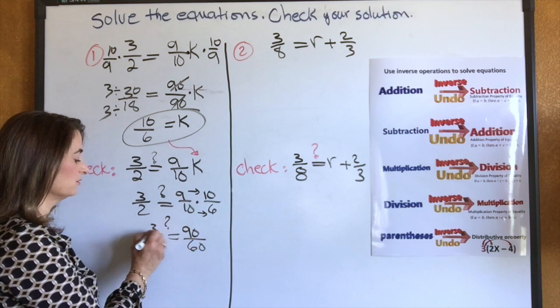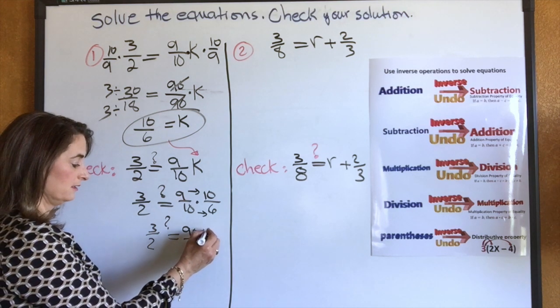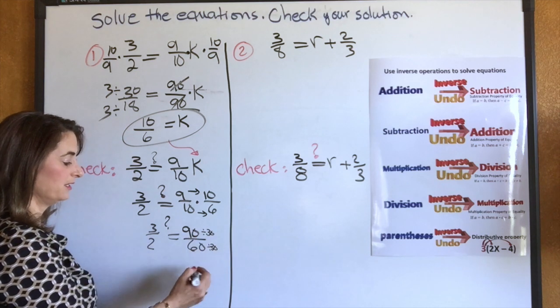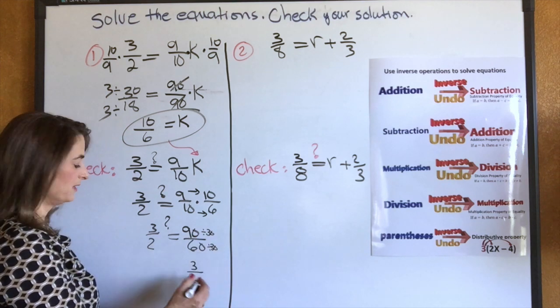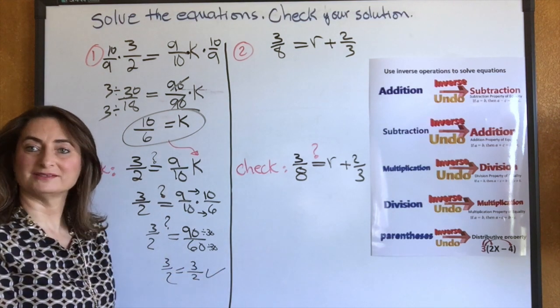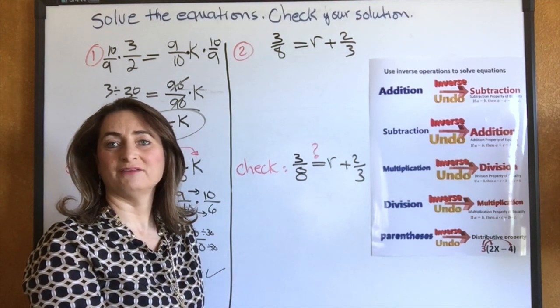Does it equal 3 over 2? Simplify that, divide by 30, divide by 30. 90 divided by 30 is 3, and 60 divided by 30 is 2, equals 3 over 2. Checked, it's balanced.